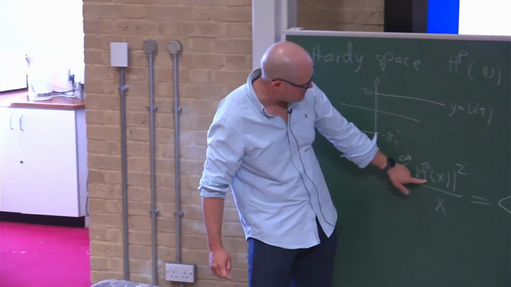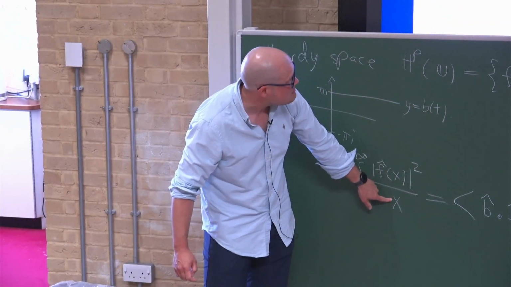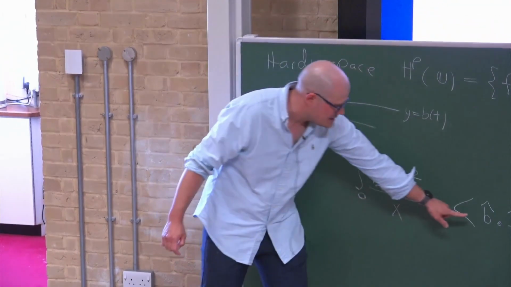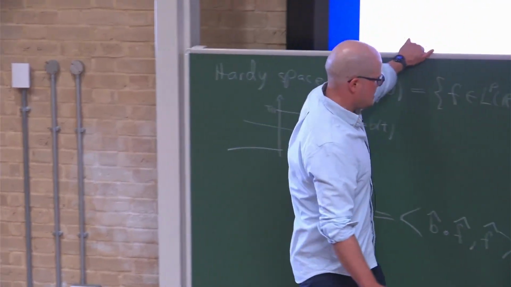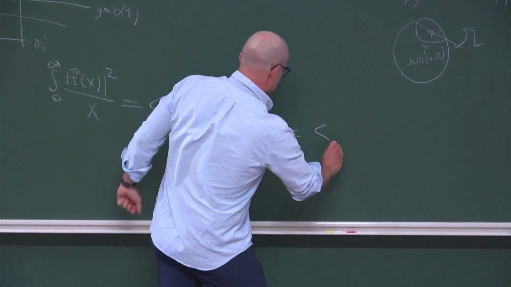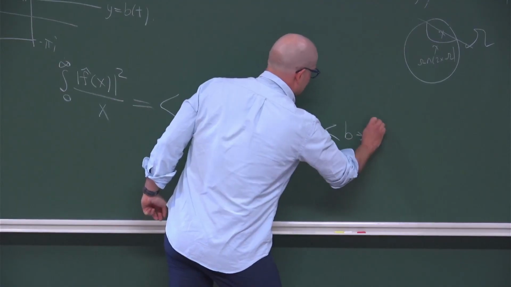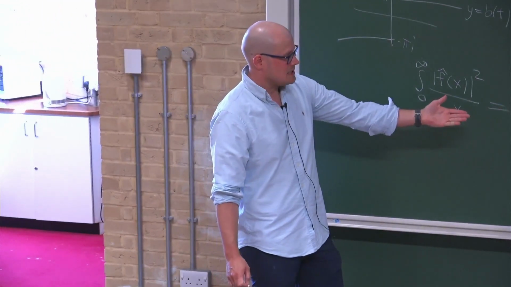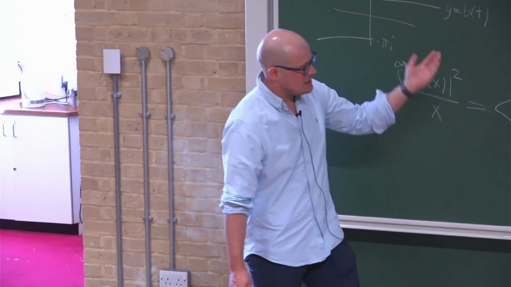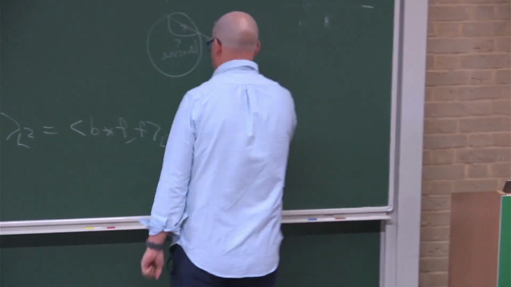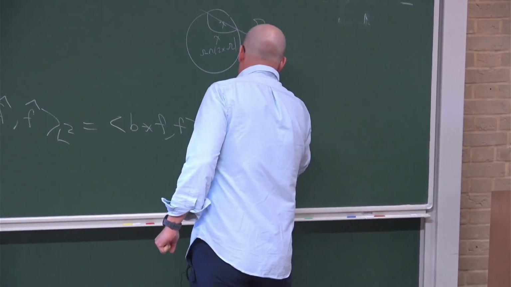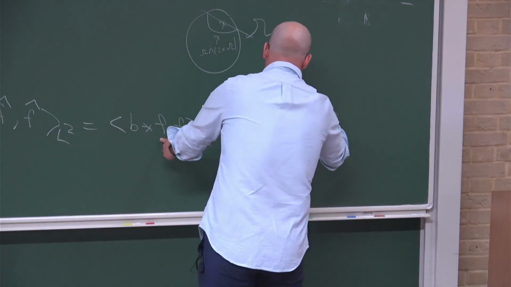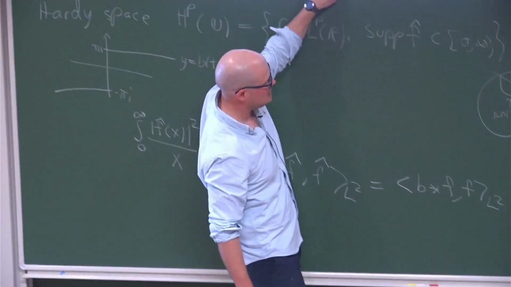Because these functions only have support in 0 to infinity, and b hat does coincide with 1 over x in 0 to infinity, you can write it like that. Then we can move back to the space side, where this is just a convolution with b, and then we do Young's inequality on this convolution, and therefore this is less than the infinity norm of b times the L^1 norm of f and another L^1 norm of f.